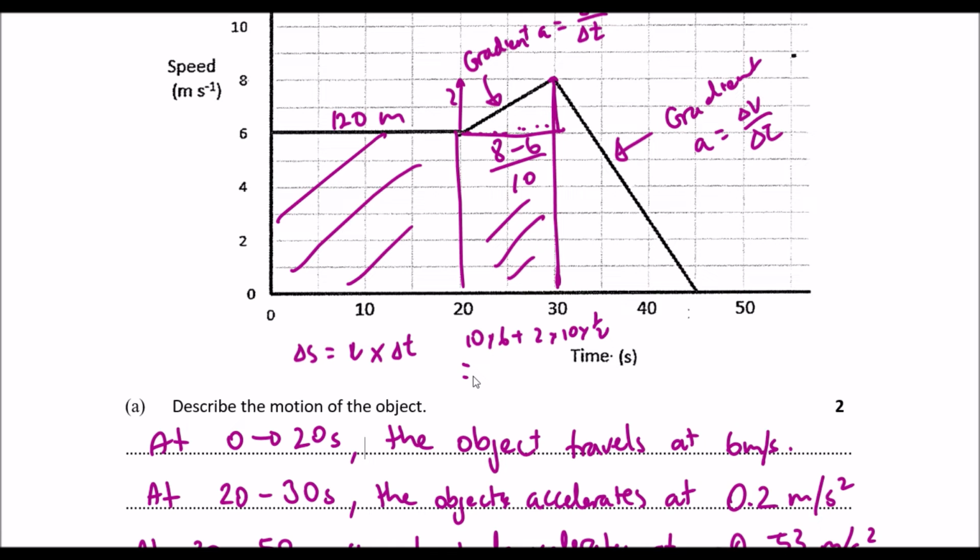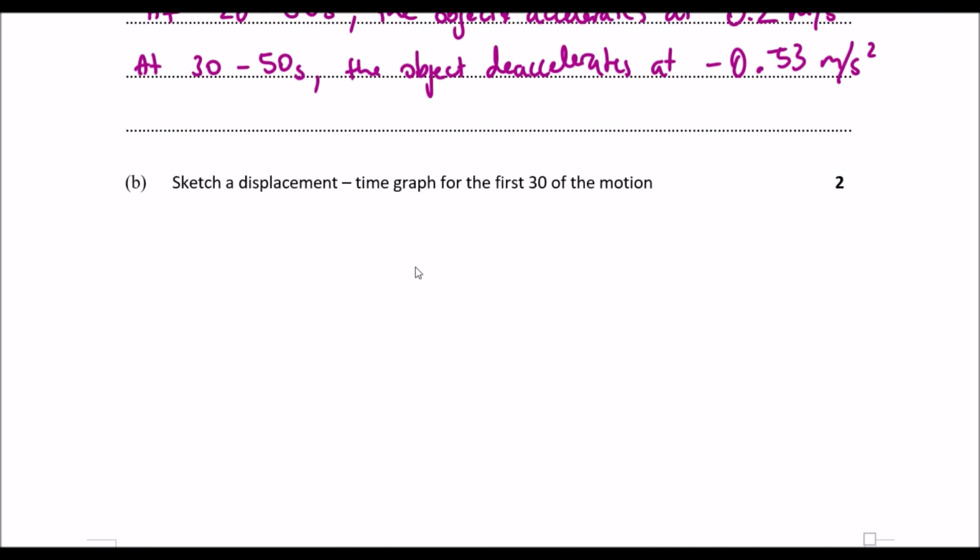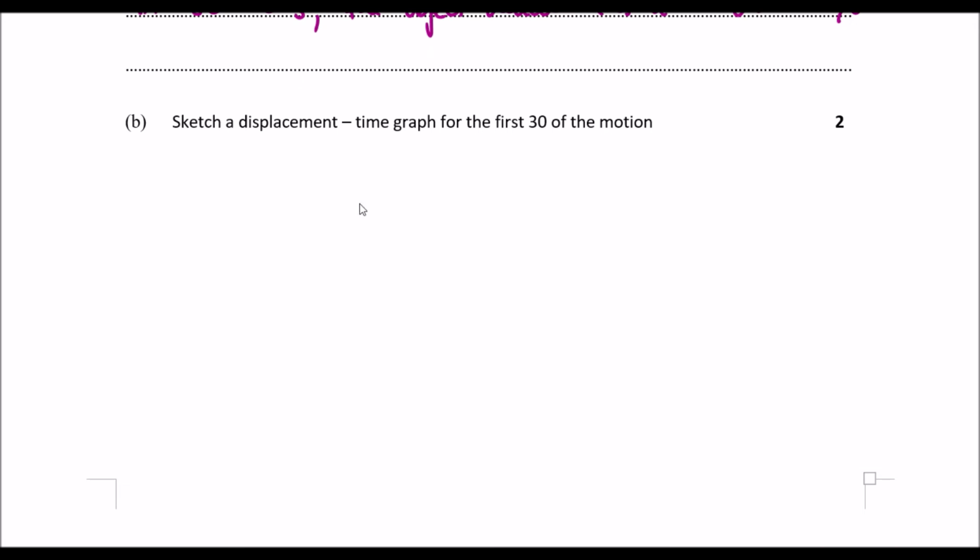And so the total distance traveled in that second part was 70 meters. So we have 120 in the first 20 seconds, and then at the end point of 30 seconds, we traveled a total of 190 meters. So let's try and draw that out as a displacement time graph.